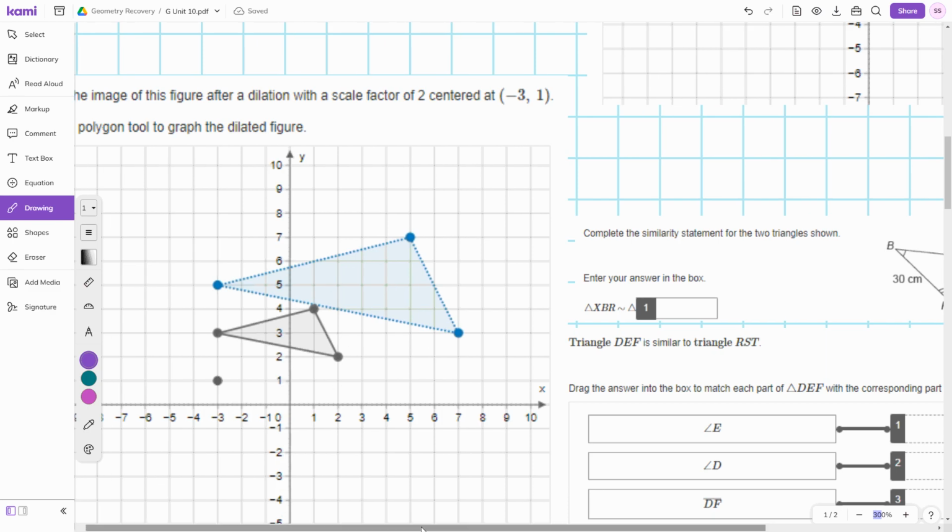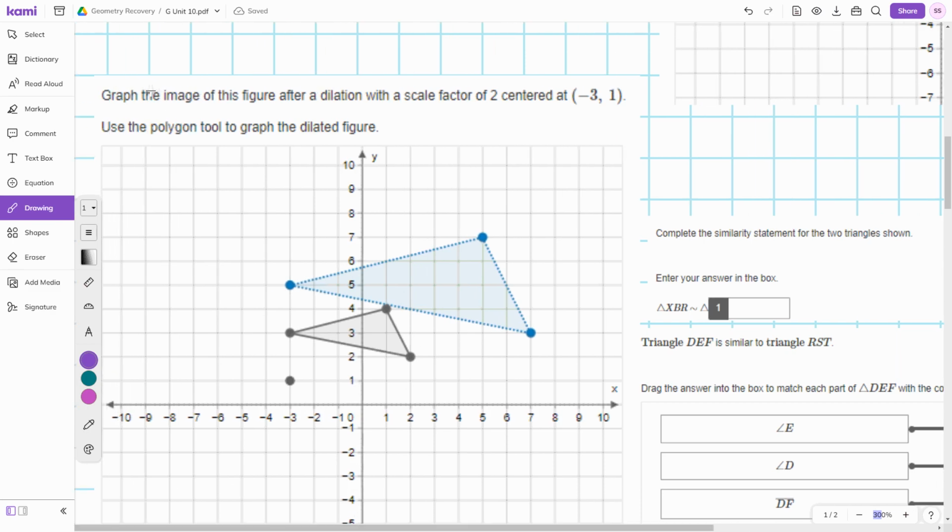Now this one is a little bit different, and that's why they want you to use your polygon tool to help you graph this, because this one you're going to graph the figure after a dilation of a scale factor of 2, centered at -3, 1. So notice that this point right here is -3, 1. Okay? I went ahead and plotted this point.